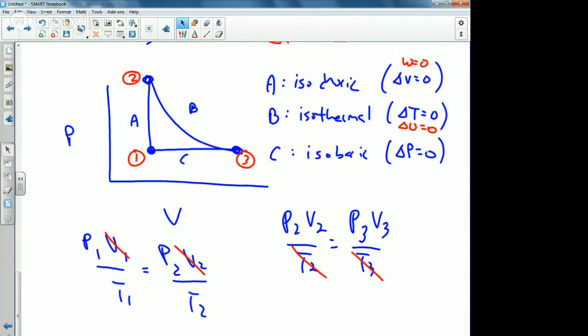If you were doing like 1 to 3, you wouldn't be able to find the area very easily because it's not an easy shape. If you're looking for just 3 to 1, it'd just be the area underneath over here. If I'm doing 3, 1, 2, 3, that's the entire area.